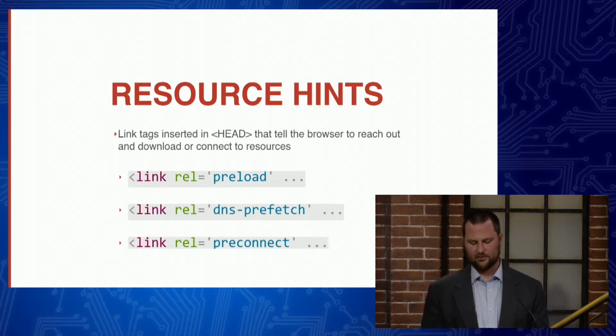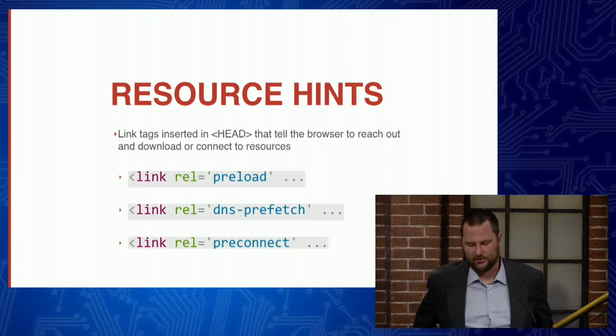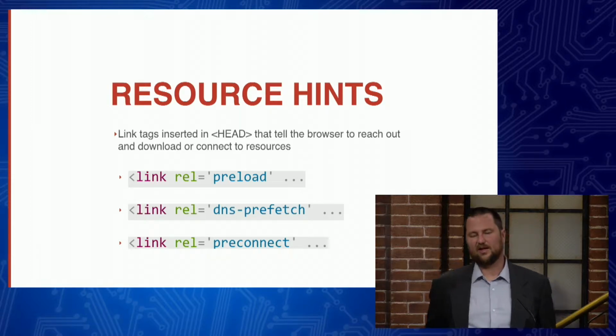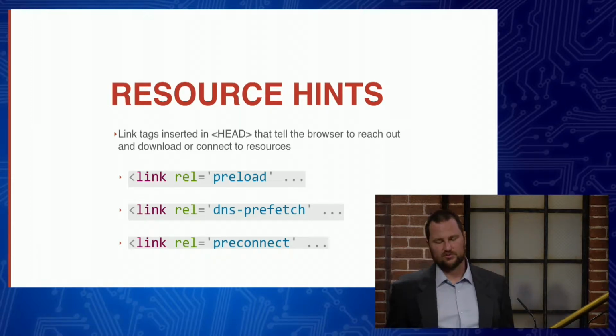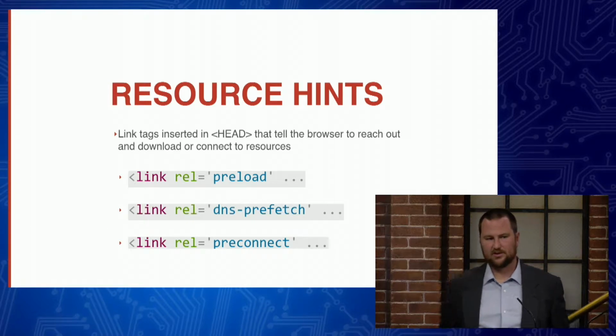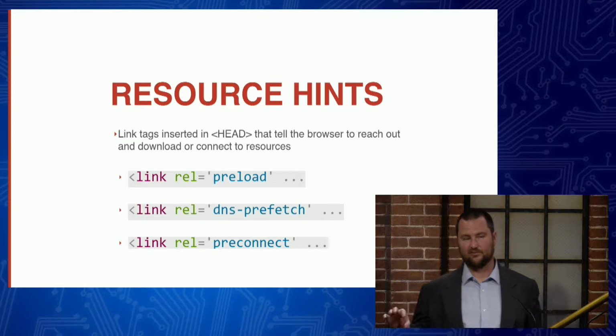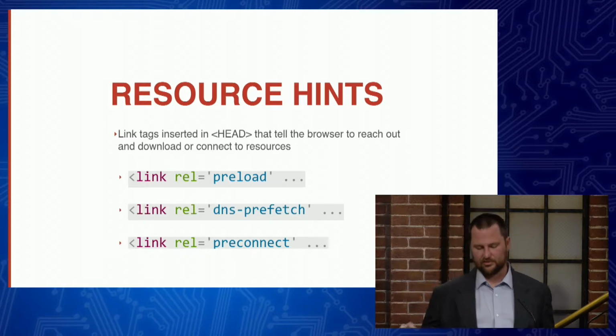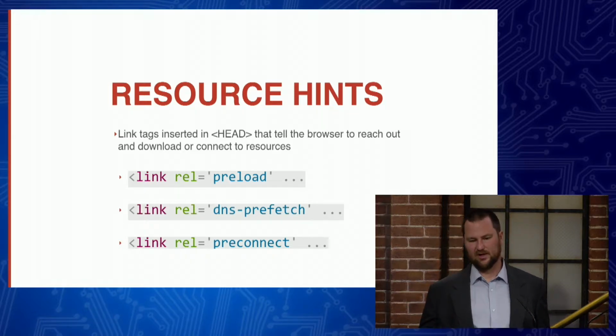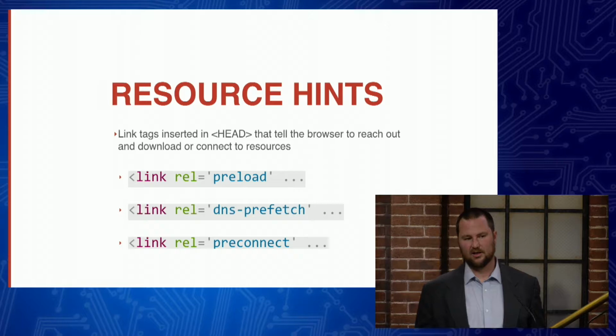There's a couple other resource hint types. There's one called DNS prefetch, that if you're downloading resources from multiple domains, it will pre-resolve your IP address for that other domain, so your browser doesn't have to do that when the time comes. But that's being a little bit deprecated by the next one, which is preconnect.